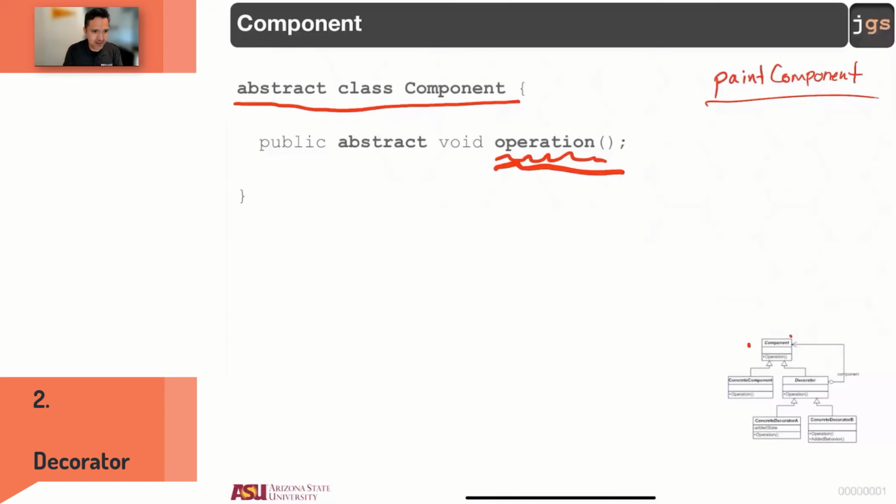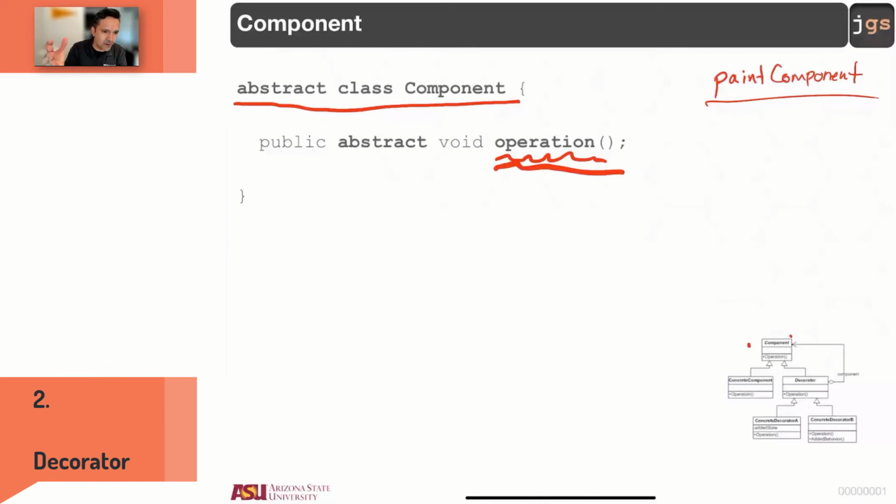The panels also have the same method to draw the panel, the border, the background, whatever, paintComponent. That is the mandatory method that all the elements in the family have, because all of them are graphical user interface components. So all of them are going to be drawn on the screen. All of them have a method that draws them on the screen.